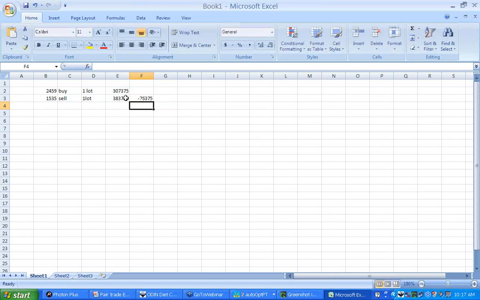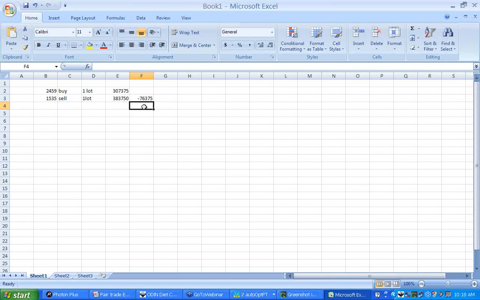Out of a total trade value of 6 lakhs 91,000, you have unhedged capital of 76,000. So you have entered into about 7 lakhs worth of contract, but hardly 8 to 9% of your capital is unhedged, and the remaining is properly hedged with the buy and sell.